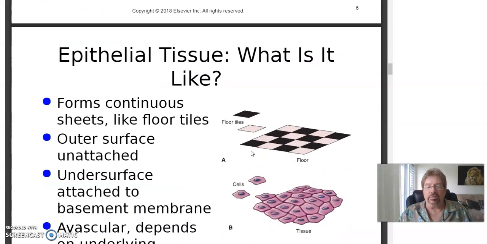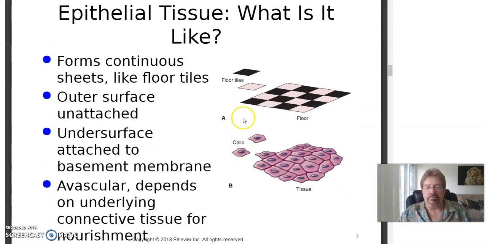There are a number of different kinds of epithelium, so let's talk about them. There's a flat kind called squamous, and we'll see that word in a moment. They're like floor tiles. Here they are, so they're flat cells. Our skin is made of squamous epithelium. It forms continuous sheets like floor tiles. The outer surface is unattached, and the undersurface is attached to a basement membrane.